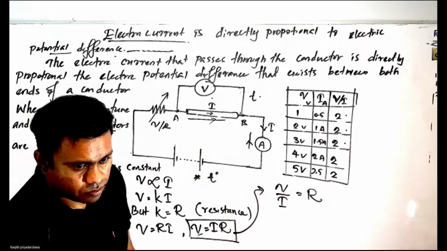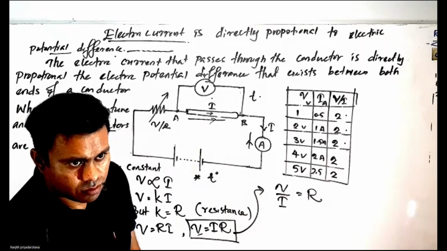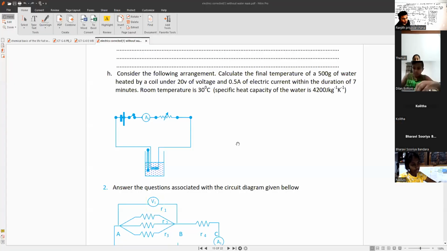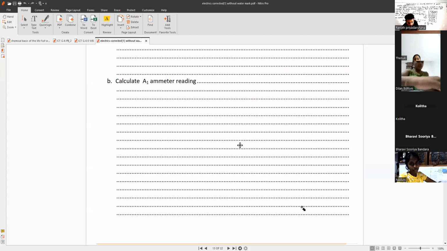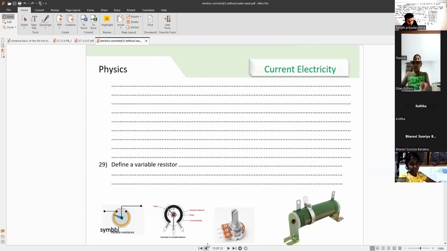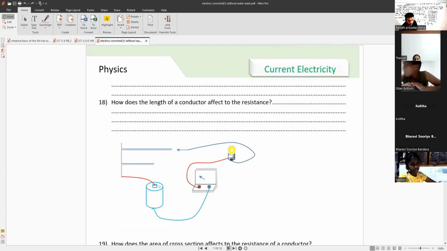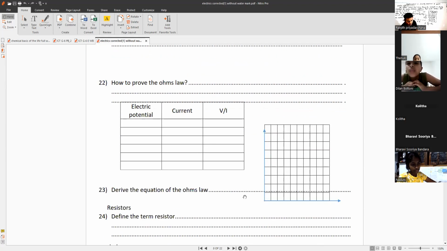Right, look at this. Okay, in our tute, this Ohm's law experiment has been given, and you have to plot that electric current and volt related graph, VI graph.